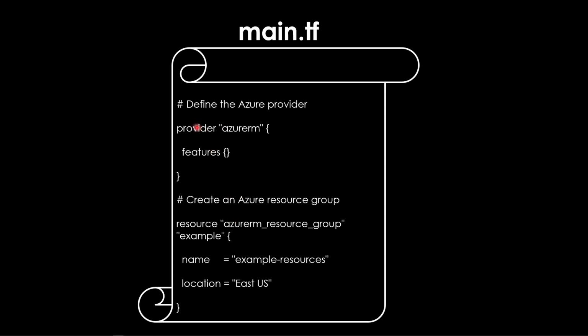For example, if we want to work with Azure Cloud, we need to specify azurerm as the provider. After that, for creating a resource group, we need to use the keyword resource. Specifically for a resource group in Azure, we need to use azurerm_resource_group and the name of the resource group. Over here, it's just an example, and the name and location.